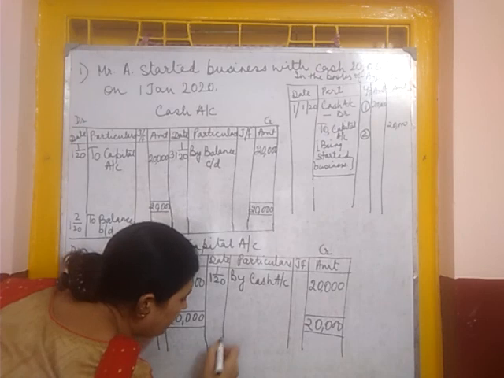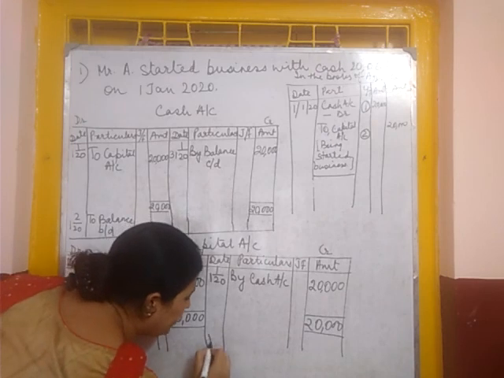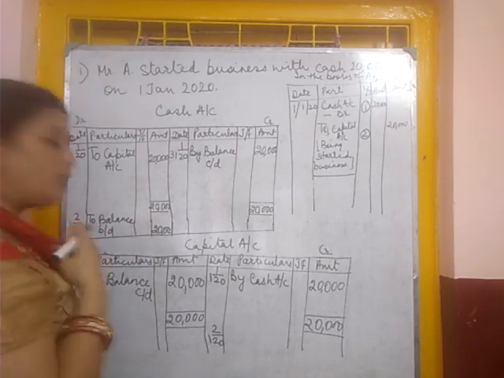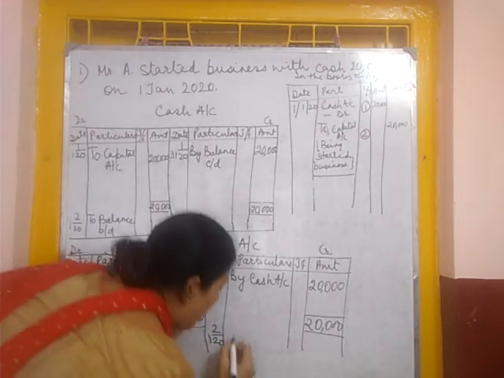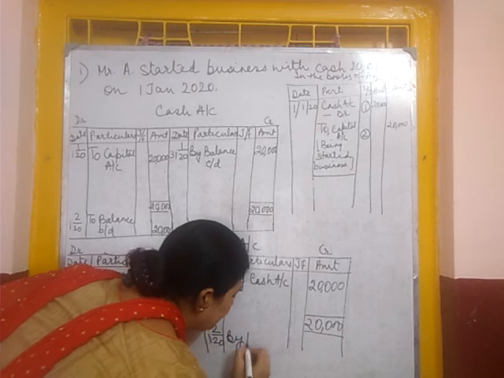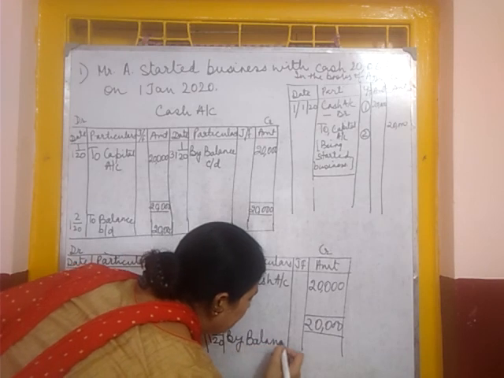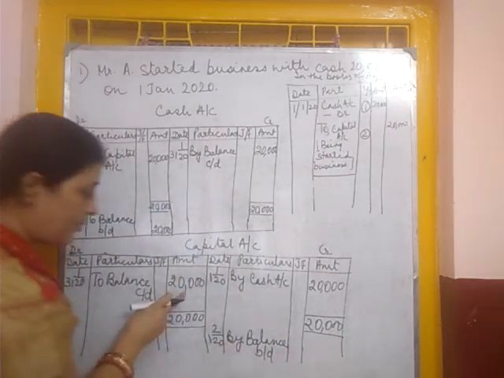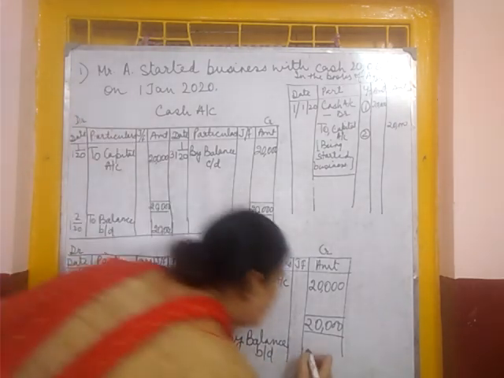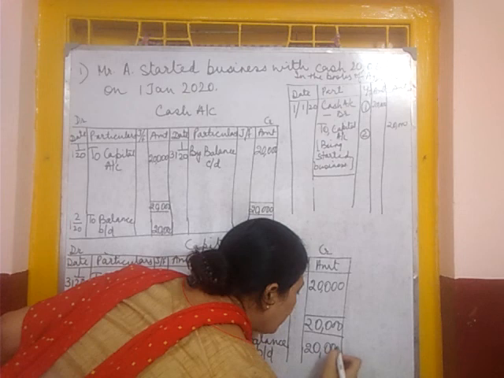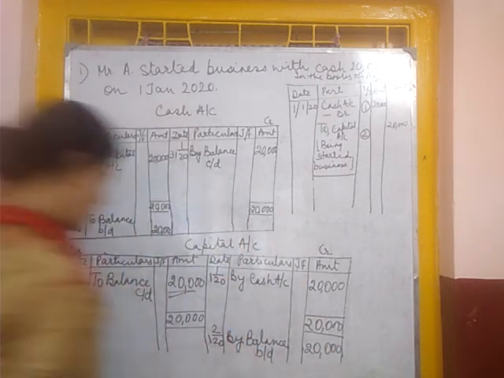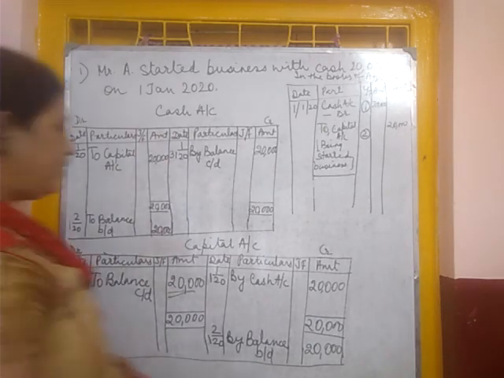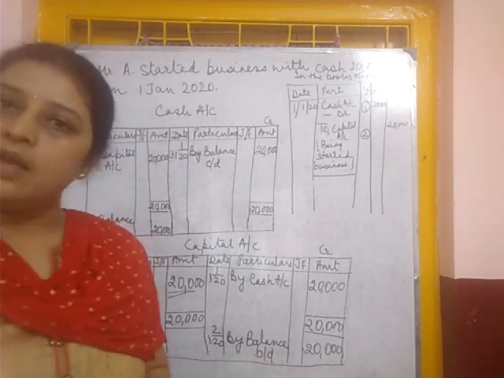Here we have to write 1st February 2020, by balance b/d. How much? The same amount, that is 20,000. Now see, in this manner we will draw the line. In this way, our ledger account is complete.